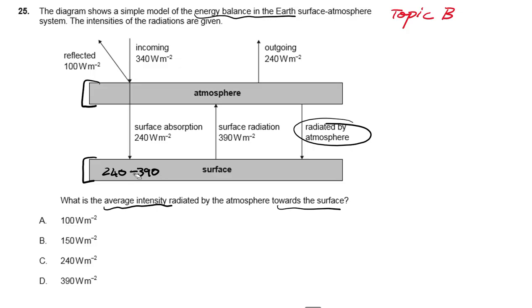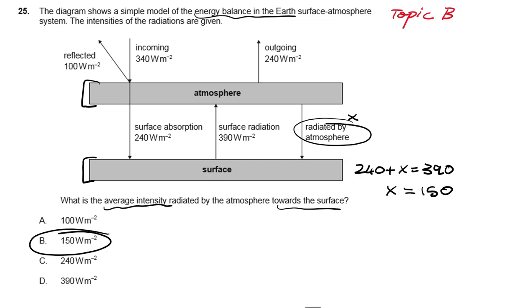We want everything to end up being 0. So whatever comes in goes back out. So 240 plus x is equal to 390, and so x is equal to 150. So that's our answer, B.